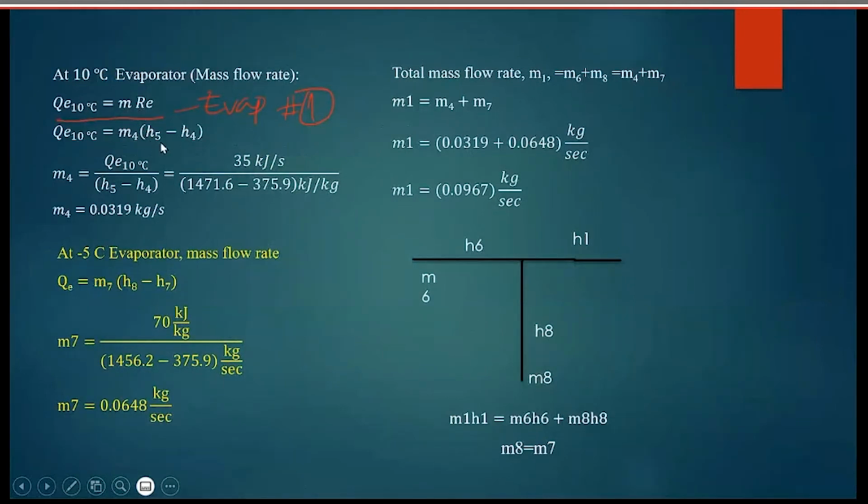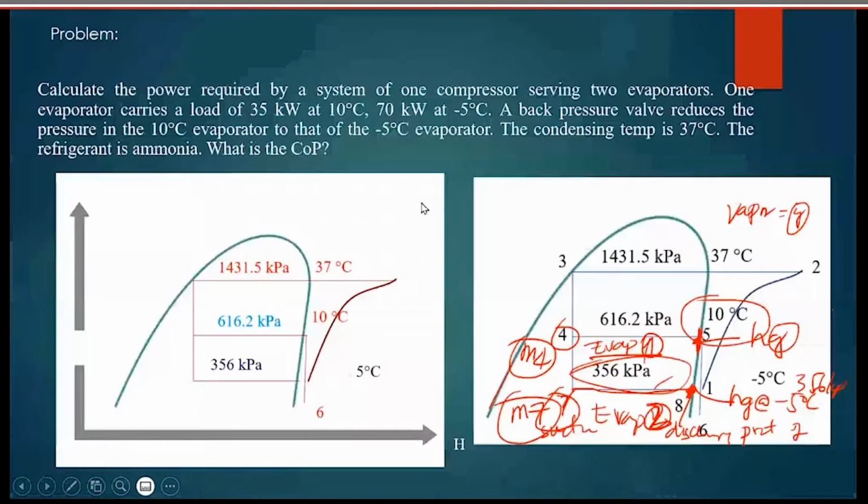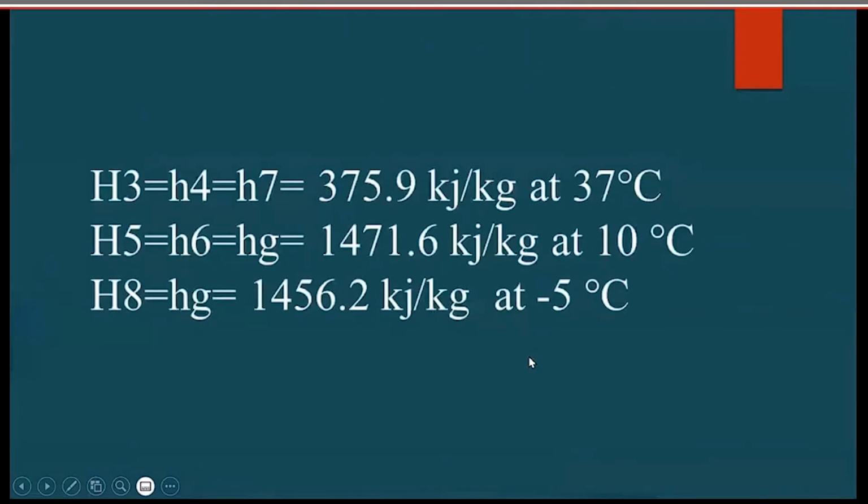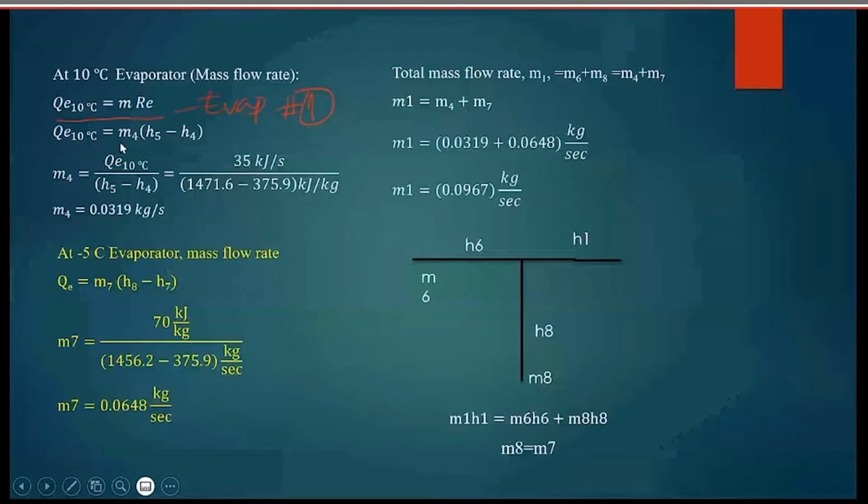What are the enthalpies involved? You can see here H5 and H4. Then the mass flow is M4. So it follows here, the formula is M4, H5, and H4. Now, the question is, do we have the heat load at the evaporator 1?